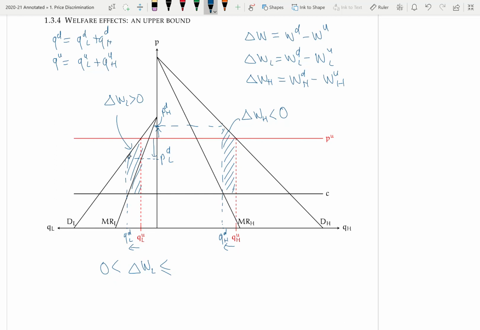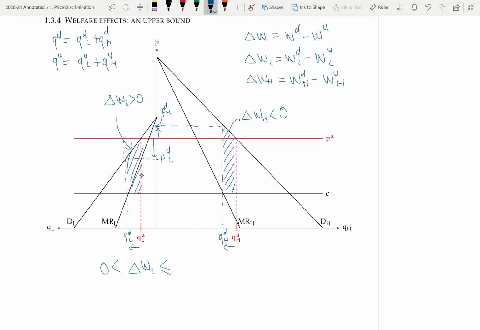This area in blue is less than this rectangle. If I carry this line up, we've got a rectangle here. And we know that the blue area is smaller than that rectangle. So if we get an expression for that rectangle, then we know that the change in welfare in the low demand market is less than the value of that expression.